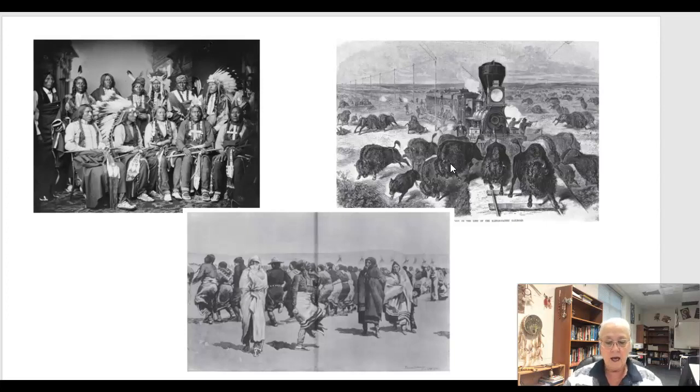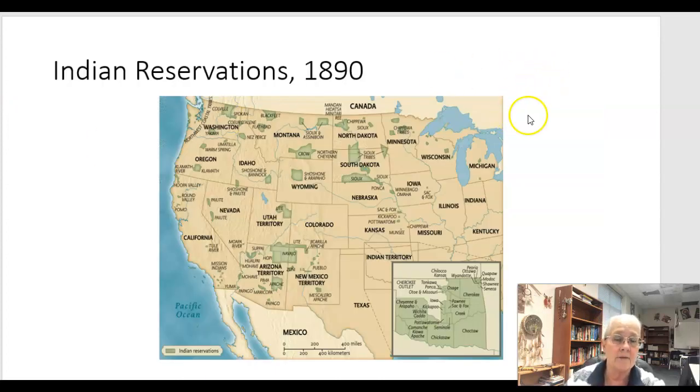And so by the time you get to 1890 or the 1900s, the Native Americans who had all of the land are now all scattered on all these different reservations. Now, some of these reservations still exist.